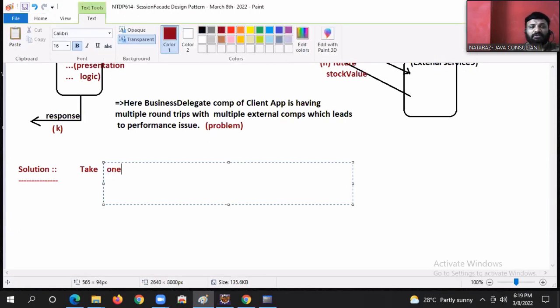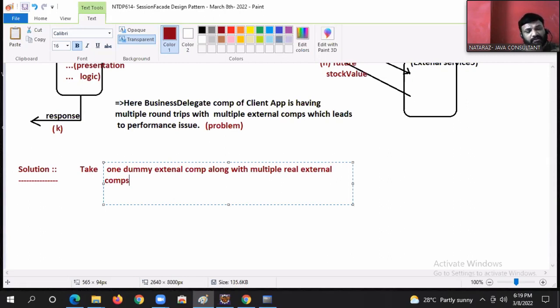Take one dummy external component along with multiple real external components.